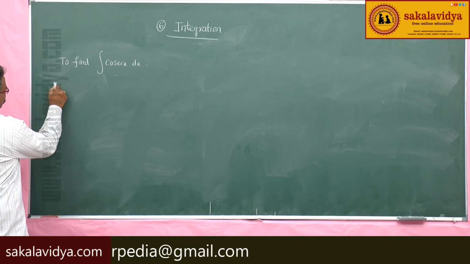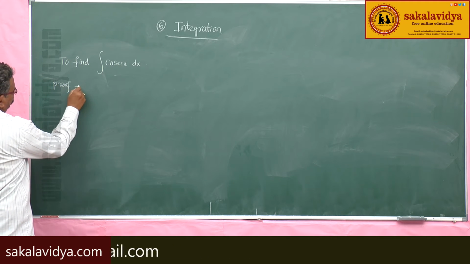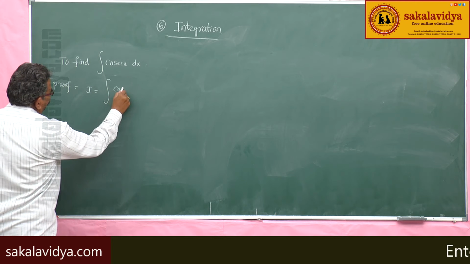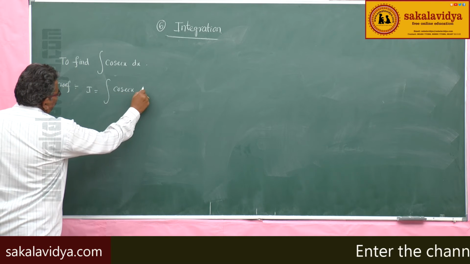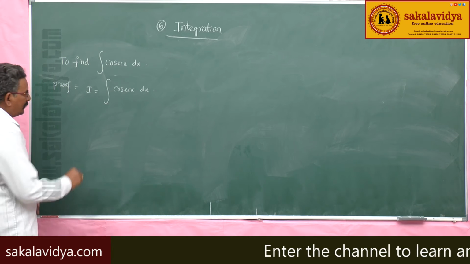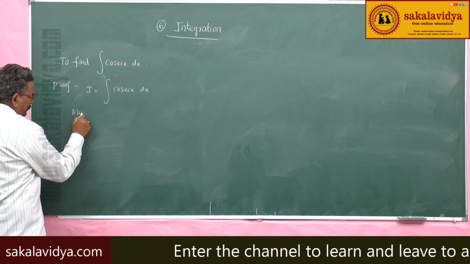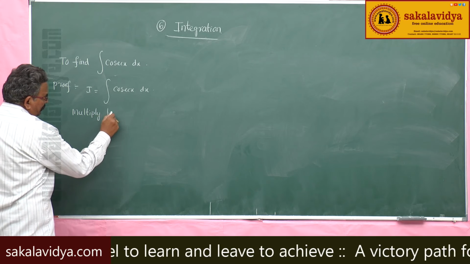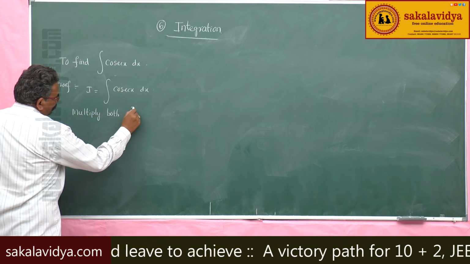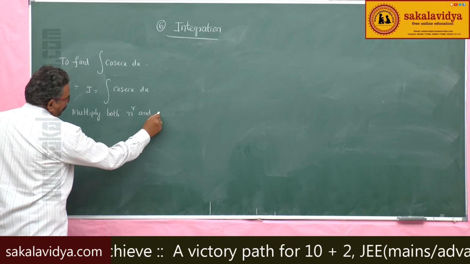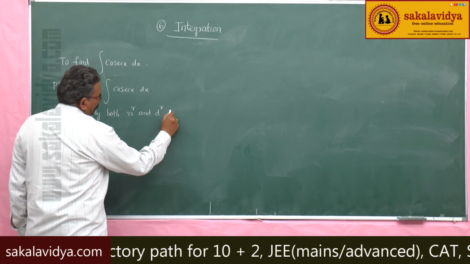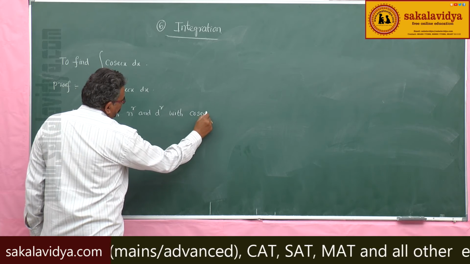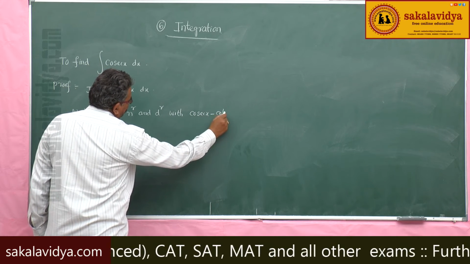Now, I equals to integral of cosecant x dx, multiply both numerator and denominator with cosecant x minus cot x.